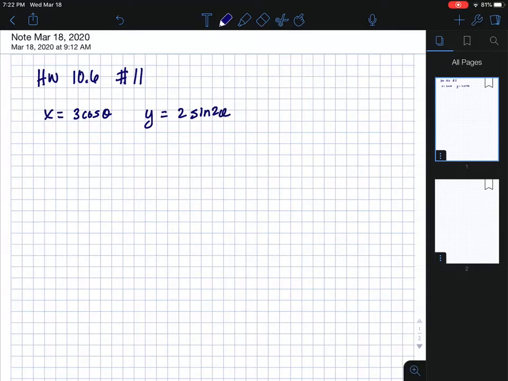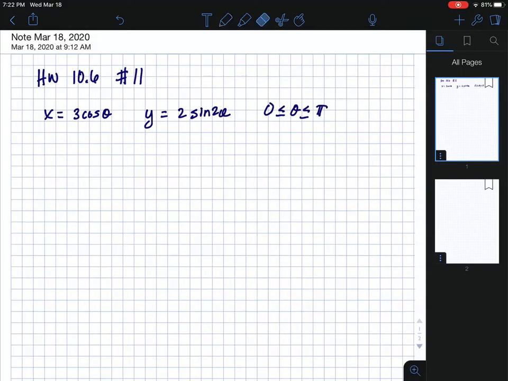And we've got a parameter over here of 0, 0, where theta is greater than or equal to 0, but less than or equal to pi.